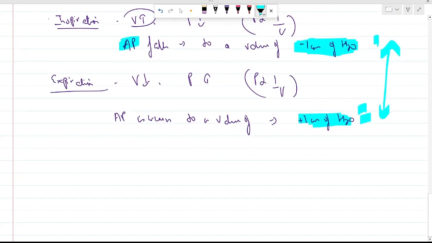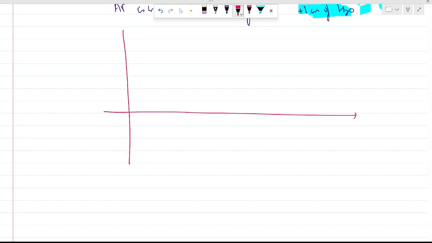So we have a graph here to understand. We draw the y-axis and x-axis. On the y-axis we have pressure, on the x-axis we have volume. We already know this. So we draw the graph here.